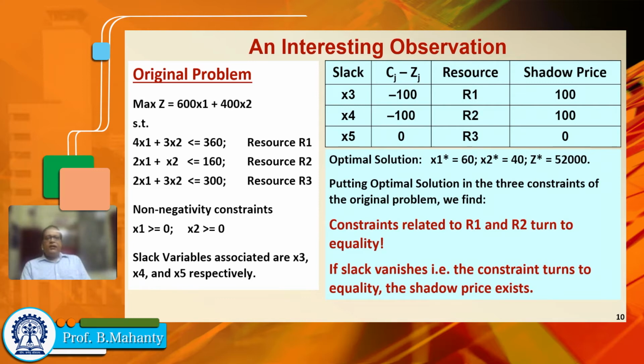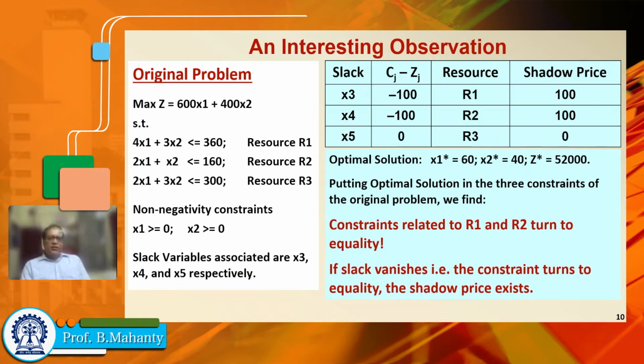So if there is a shadow price which is a non-zero, positive quantity, then the corresponding primal constraint turns to equality. In other words, if the slack vanishes, the constraint turns to equality and the shadow price exists. Or in reverse, if the shadow price exists, then the slack should vanish.